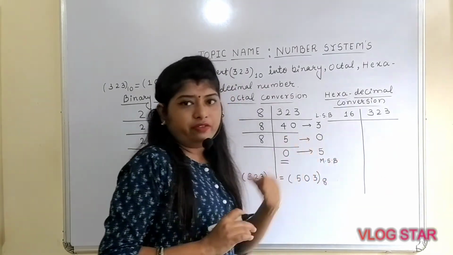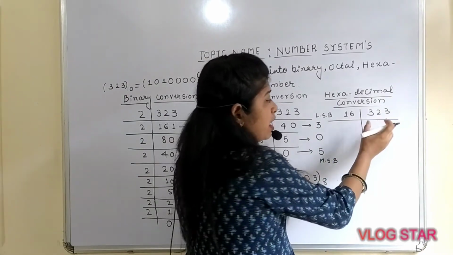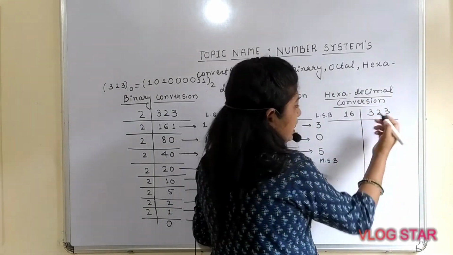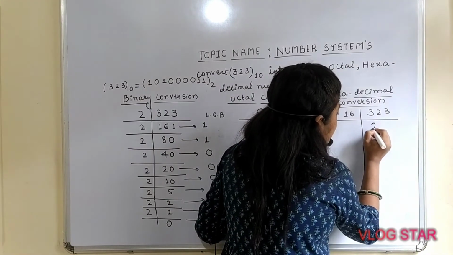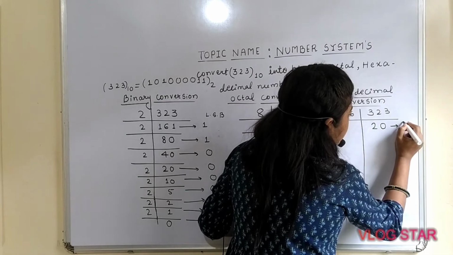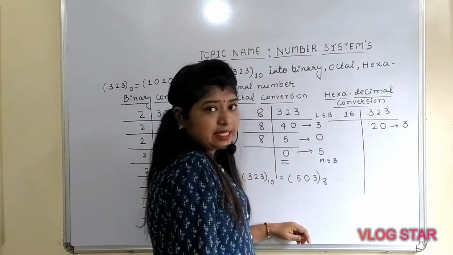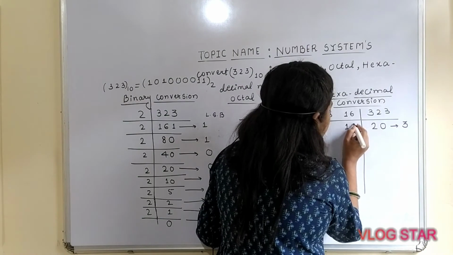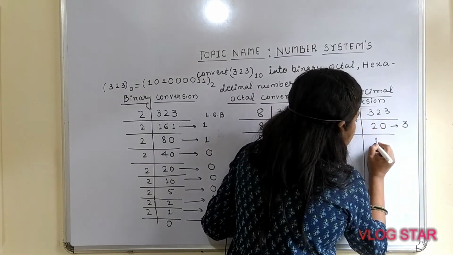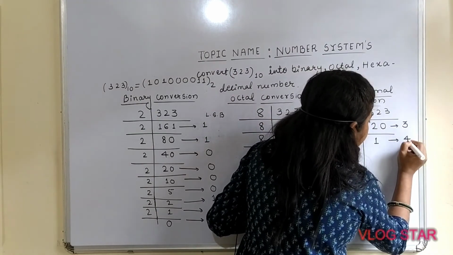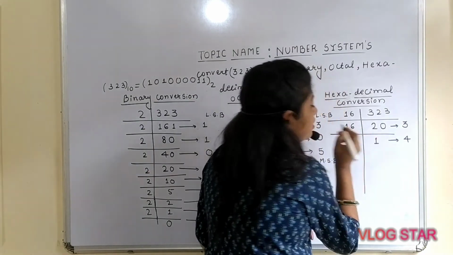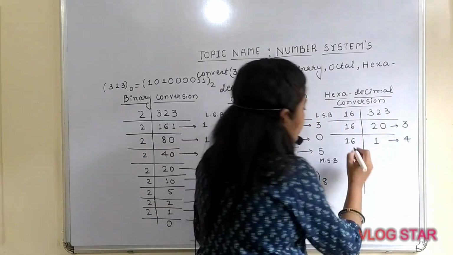Coming to the third conversion, can you tell me? Again you have to divide 323 by 16. After division, can you tell me the quotient? 16 2s are 32. Here 0 you will get. So what would be the remainder you will get? 3. This is correct. Then again you need to divide that particular number by 16. So here you will get 16 1s are 16. You will get 4 as the remainder. And then if you divide 1 by 16, what would be the answer?